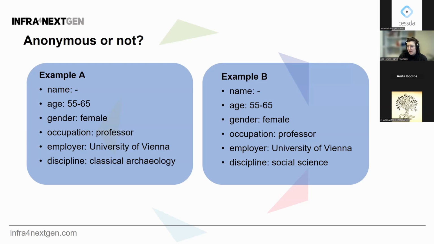And now I have a quick thought exercise for you. So here are two examples of a professor. And I want you to briefly think about these characteristics and then think about which one of these is more anonymous than the other, or which one of these is anonymous.